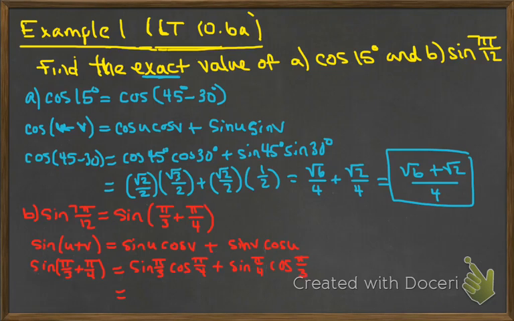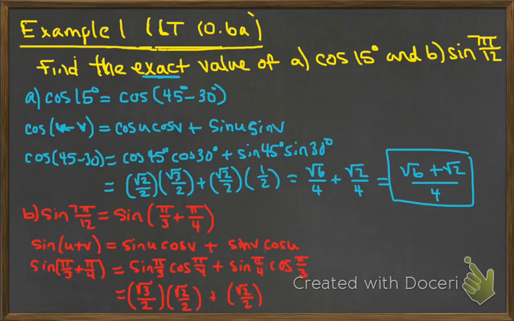So the sine of pi over 3 is the square root of 3 over 2 times the cosine of pi over 4, which is the square root of 2 over 2, plus the sine of pi over 4 is the square root of 2 over 2.